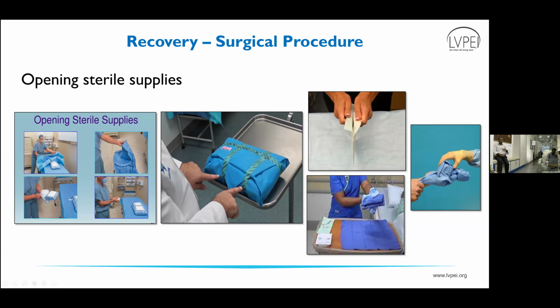Before opening the sterile packs, make sure you check whether the pack is sterilized properly, the color indication on the sterility indicator has changed, and the pack is within the expiry date. These three things we need to check before taking the instrument kit for the recovery procedure.